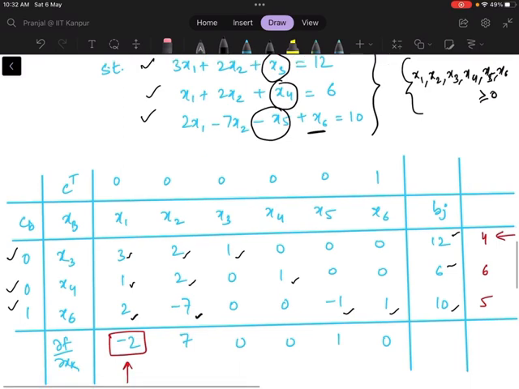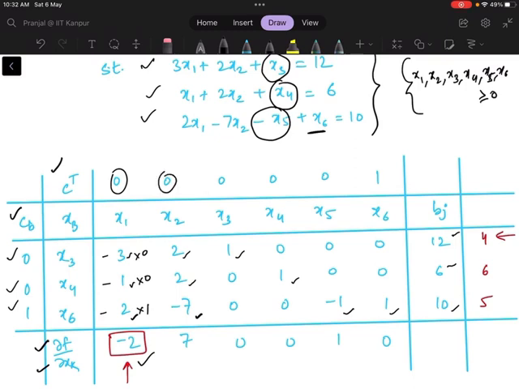Now calculating ∂f/∂xk using this CB and CT, the first term becomes 0 minus 3 into 0 minus 1 into 0 minus 2 into 1. So this becomes minus 2.